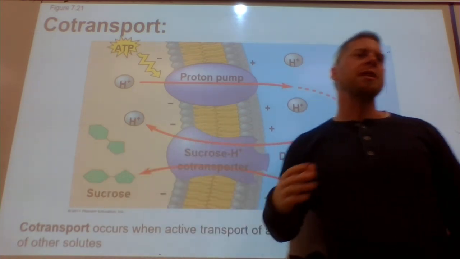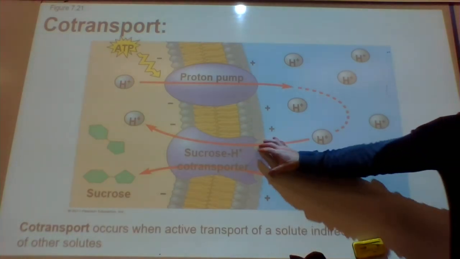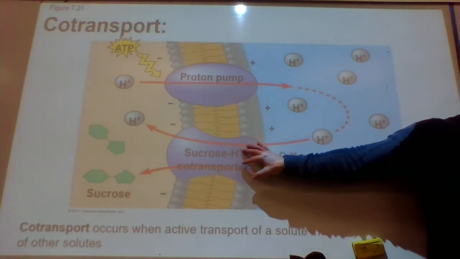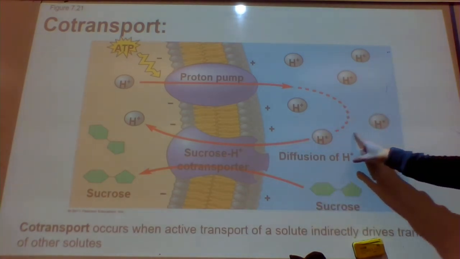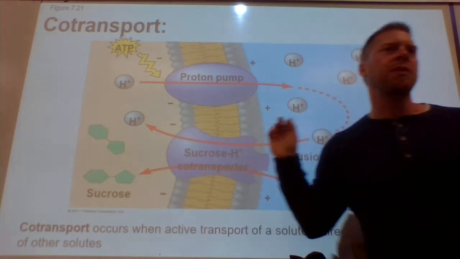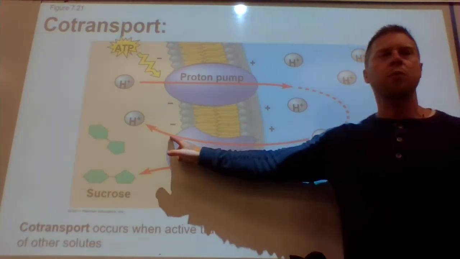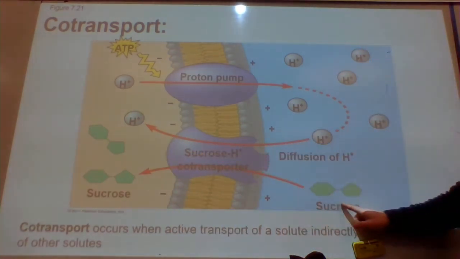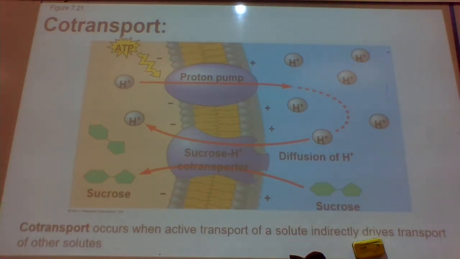Now there's a protein channel that's special. We call this a co-transporter. The protons can diffuse back in through the co-transporter, but they can't go back through alone. They can only go through the co-transporter if they are accompanied by the other molecule that the co-transporter is designed for.